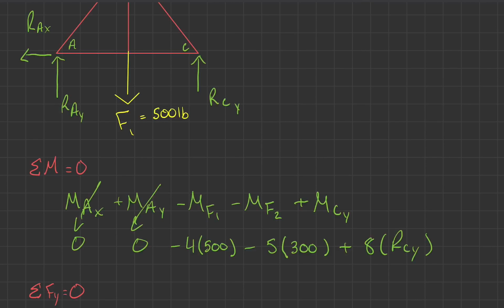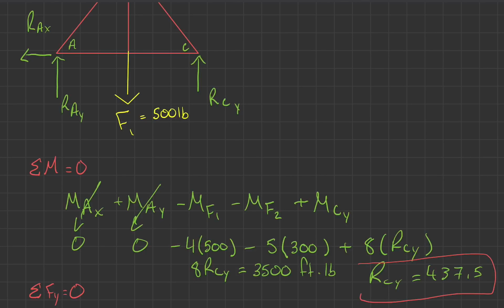Okay, and we're solving for RCY here. Move that stuff around, you get 8 RCY is equal to 3,500 foot-pounds. And then you get RCY is equal to 437.5. Okay, so we've solved for our first external reaction force.